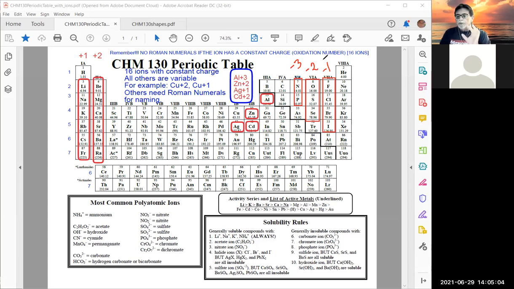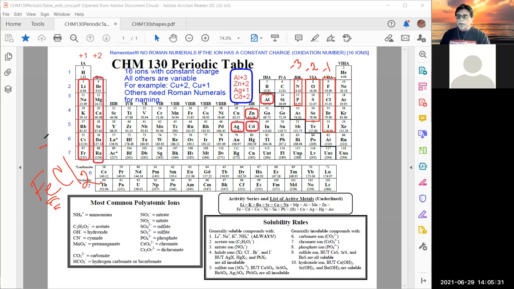Because you'll find that, let's say you got together iron and chloride. So you got iron chloride. Well, the question is, what is the charge on this iron? Well, I don't know, right? But what do I know? I know that the chlorides each have a -1, and there's 2 of them.